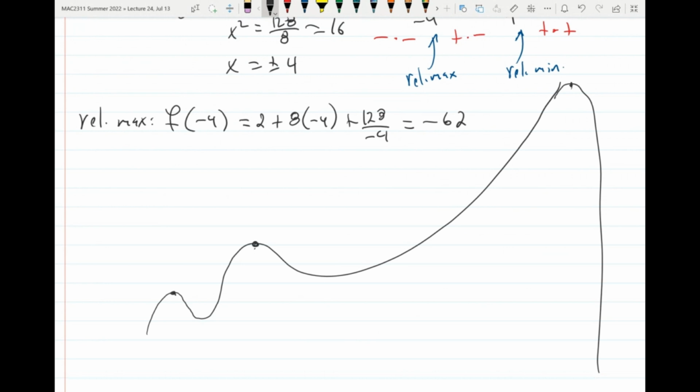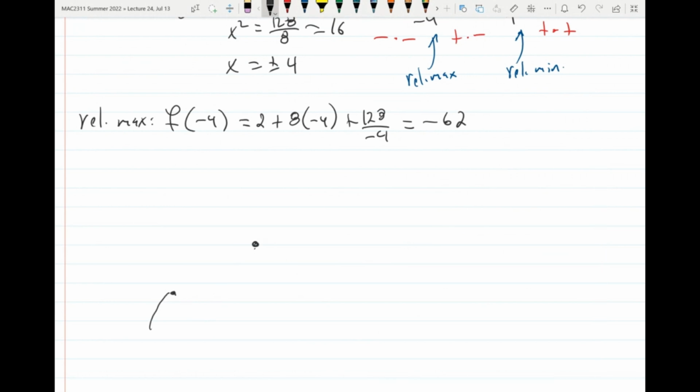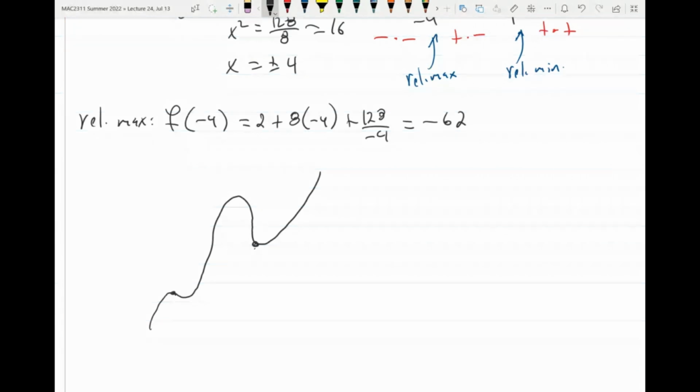So you can have values that would be higher. For example, something like this. This is a max. This is a minimum. This minimum is higher than this maximum. It shows that this is relative. This is local. This is in a little piece. You're not looking at the entire picture. You're just saying what happens around the point.